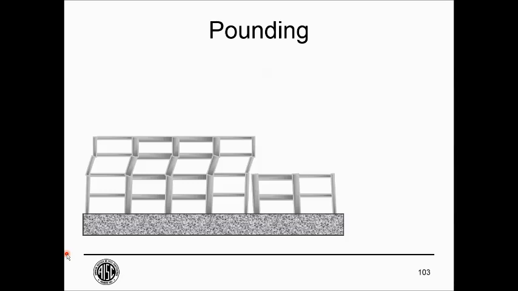Often there are joints in our systems, either because we're at a property line, or our structure is an addition, or we have a structure that's so large we need thermal separation. And there's a potential for two portions of a structure, or a structure and an adjacent structure, to hit each other. So there's a dynamic effect where this impact could occur.